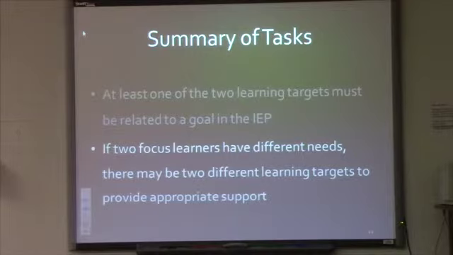Now, when you look at the goal and the objectives within lessons, across lessons 1, 2, 3, 4, 5, the cumulative effects of these goals and objectives reflect what they call the lesson segment. The lesson segment is 3 to 5 lessons.